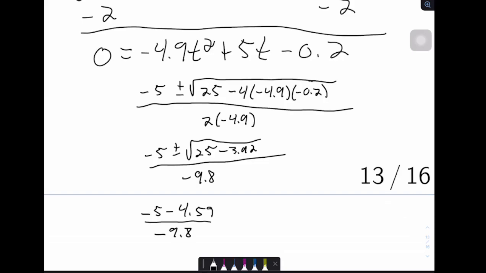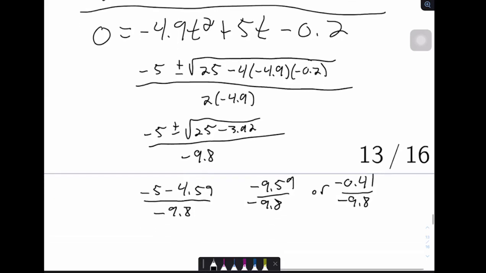So I either get a negative 9.59 over 9.8, or I get negative 5 plus 4.59, which I think that one's the answer actually, negative 0.41 over 9.8. Negative 9.8 for both of those, so they're actually positive, and then, oops, doing two divided bys.